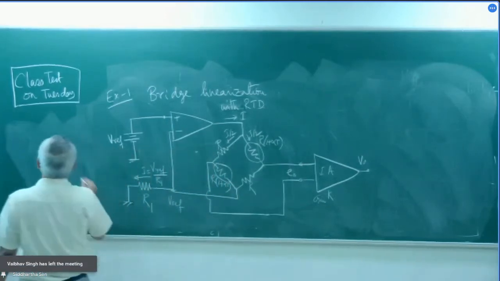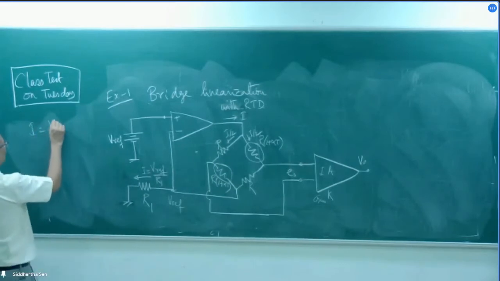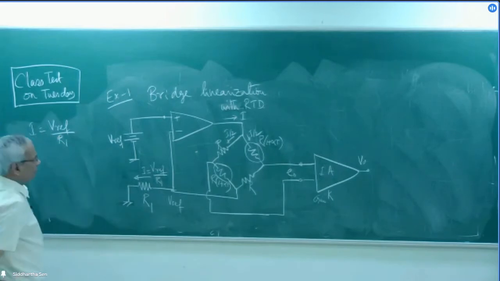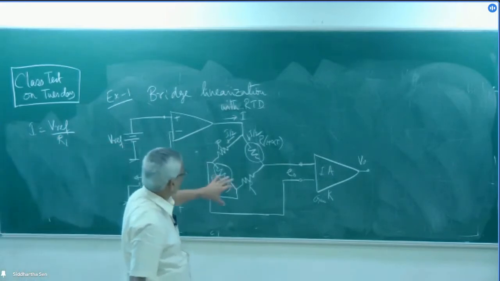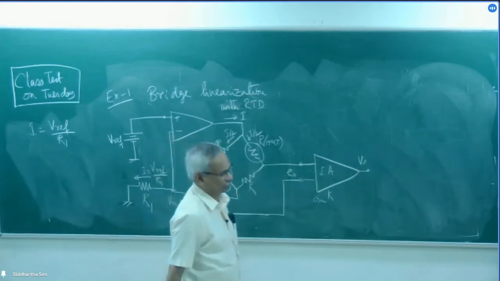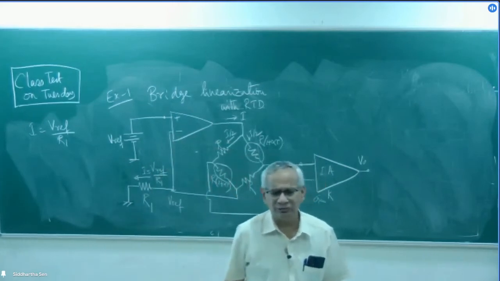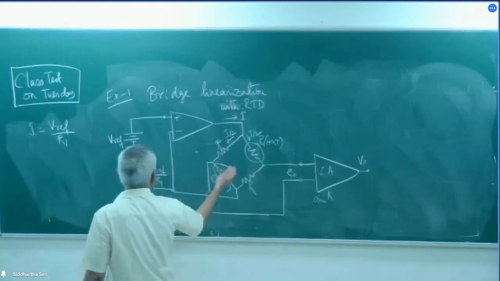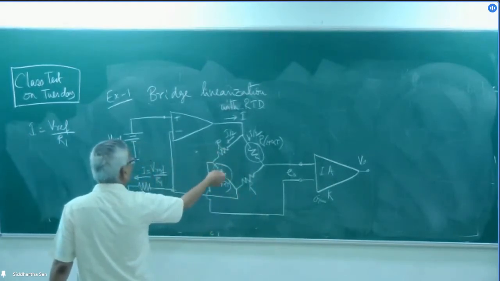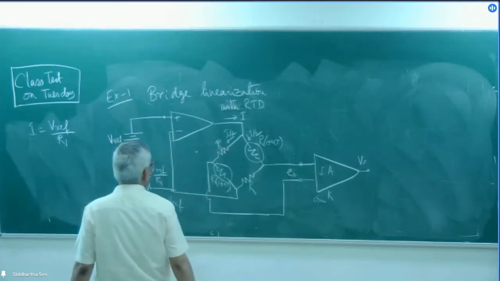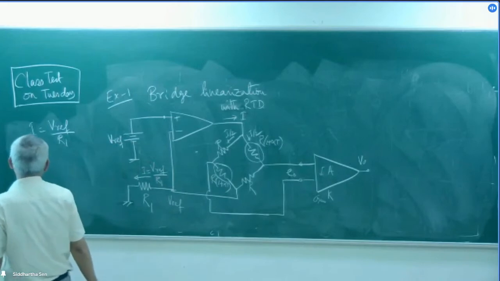So we have I is equal to Vreference by R1. Basically this bridge is driven by a constant current source, and the two resistance paths of the bridge are identical, so the current is divided into two parts.